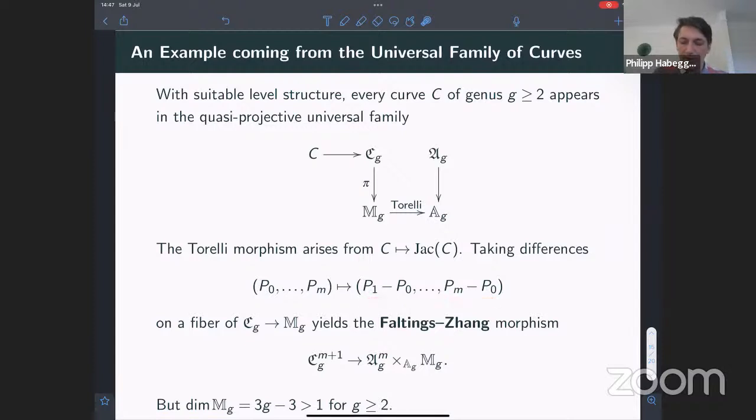We can consider these differences as points on the Jacobian, because we can map them through to their degree 0 class. So this gives us a morphism from the (m+1)-fold fibered power of this universal family of curves to the m-fold fibered power of the universal family of abelian varieties, base changed to M_g. So this is just a morphism of varieties, and let's see how this morphism can help.